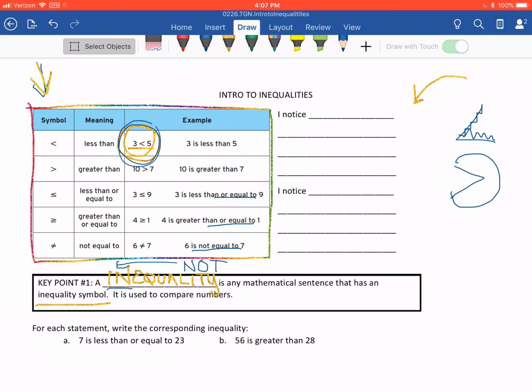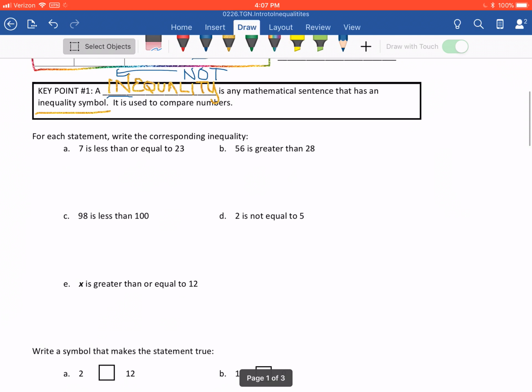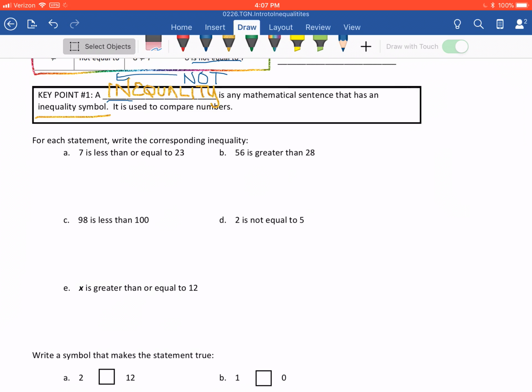Using our newfound knowledge of these symbols, we are going to take a look at letters A, B, C, D, and E, and we are going to write the corresponding inequality for what they mean. So let's take a look at the first one. We have 7 is less than or equal to 23. So I have my number 7, I have my number 23.